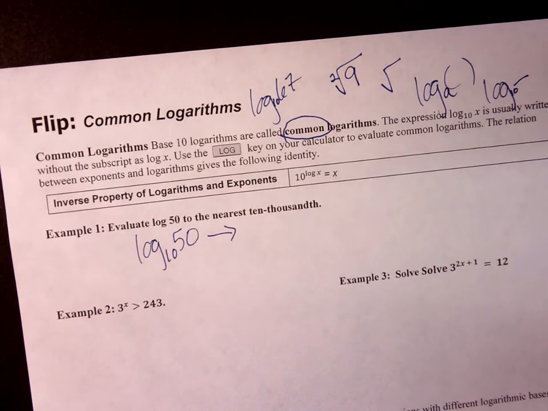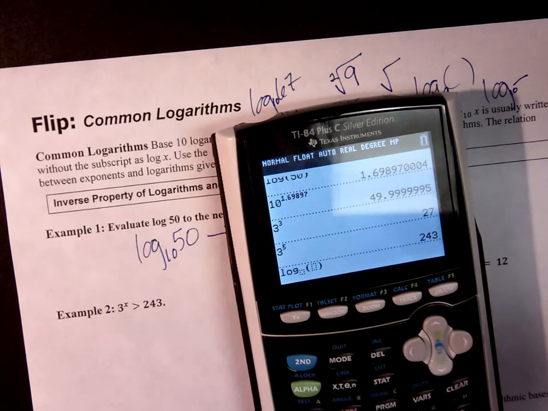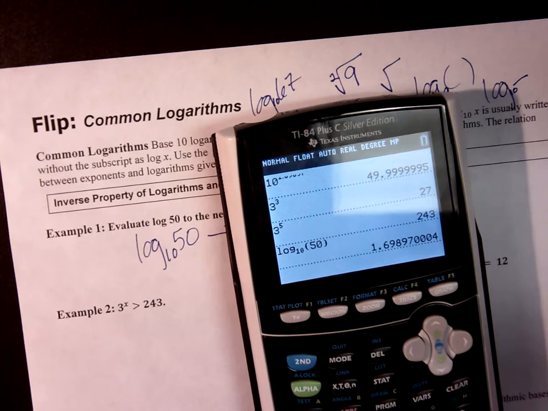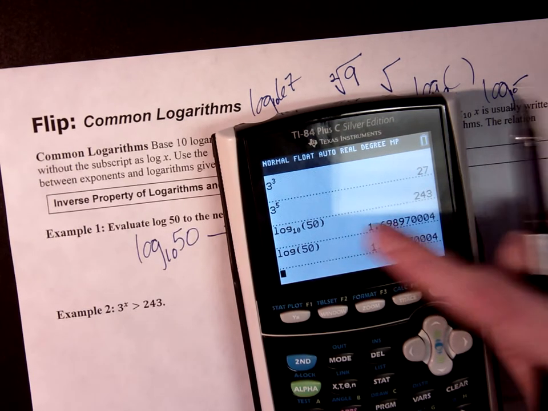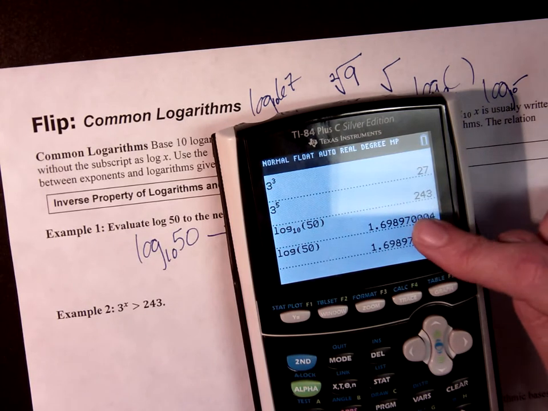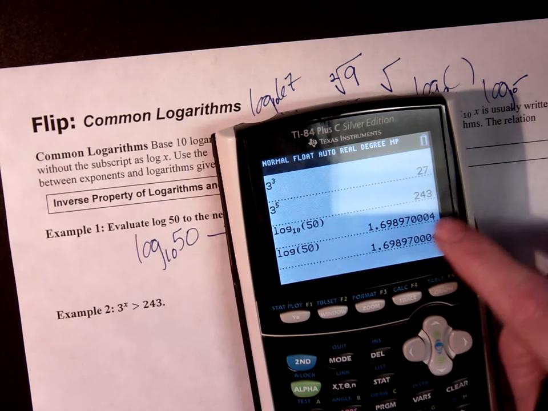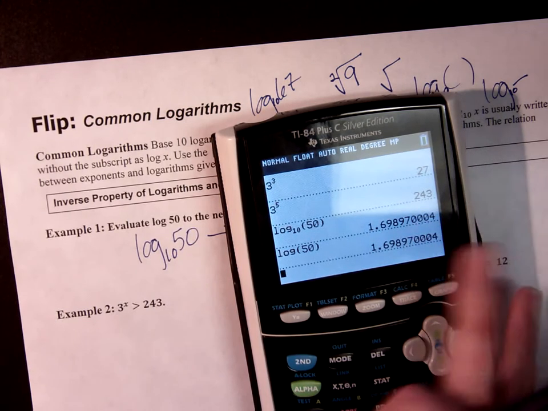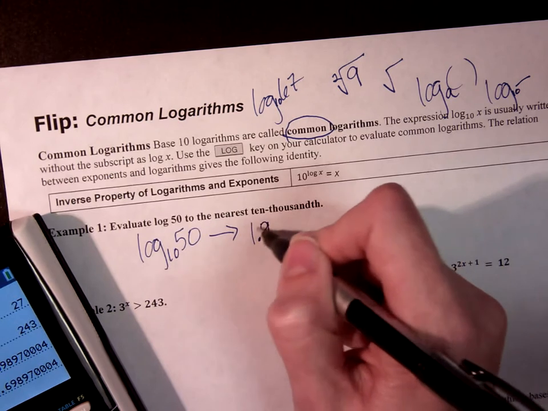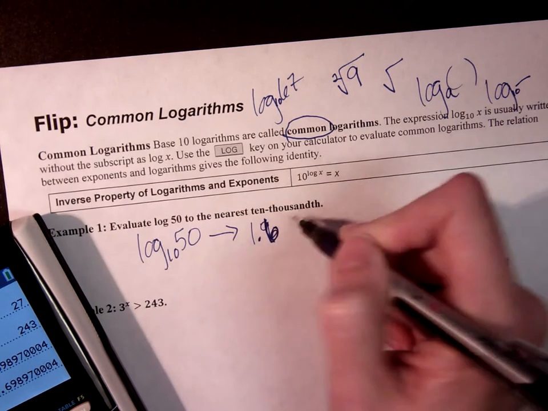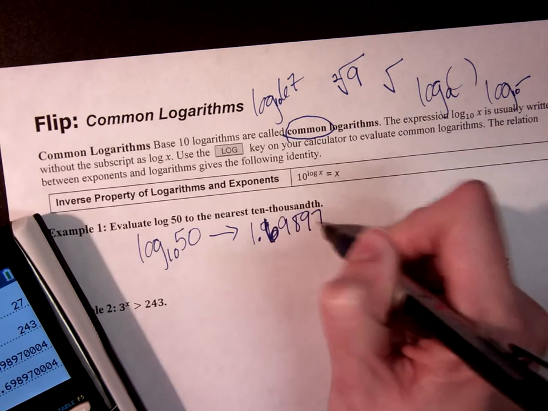Well, for that one, I can go through the whole log base process and do the 50 and get an answer, or I can just type log of 50 and I'm going to get the same thing. It's pre-programmed with that common base of 10. When I get that, I want to keep approximately 4 decimal places. In this one, I've got that 7 in the fifth, so I'm going to keep them all. 1.69897.